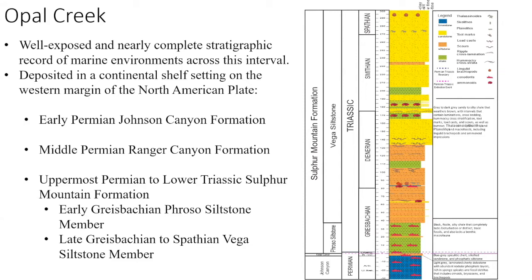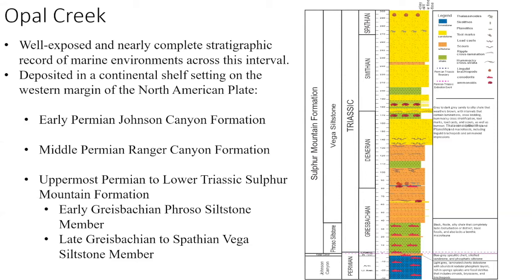And our study section includes the following units that we will be essentially investigating. So we begin with the early Permian Johnson Canyon Formation, then move into the middle Permian Ranger Canyon Formation, and then finally representing the lower Triassic, we have the uppermost Permian to lower Triassic Sulphur Mountain Formation.